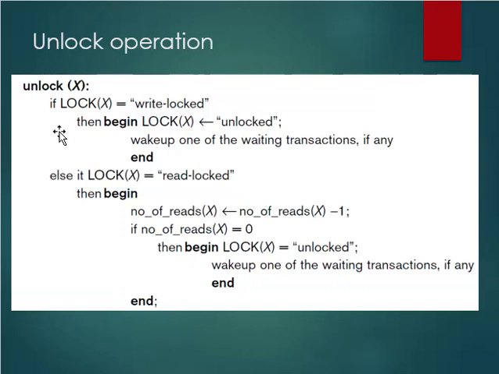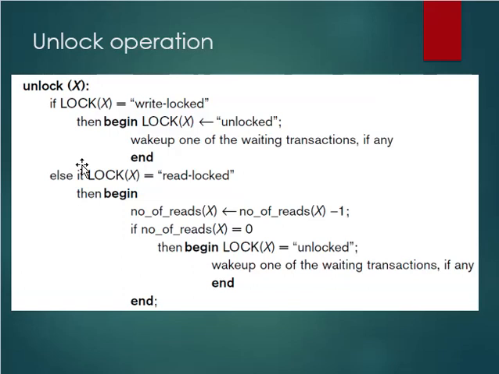Else, that indicates lock of x is not in write locked state; it may be in read locked state. There are a few conditions on that. If the transaction is in read lock state, there may be other transactions currently reading those data items.